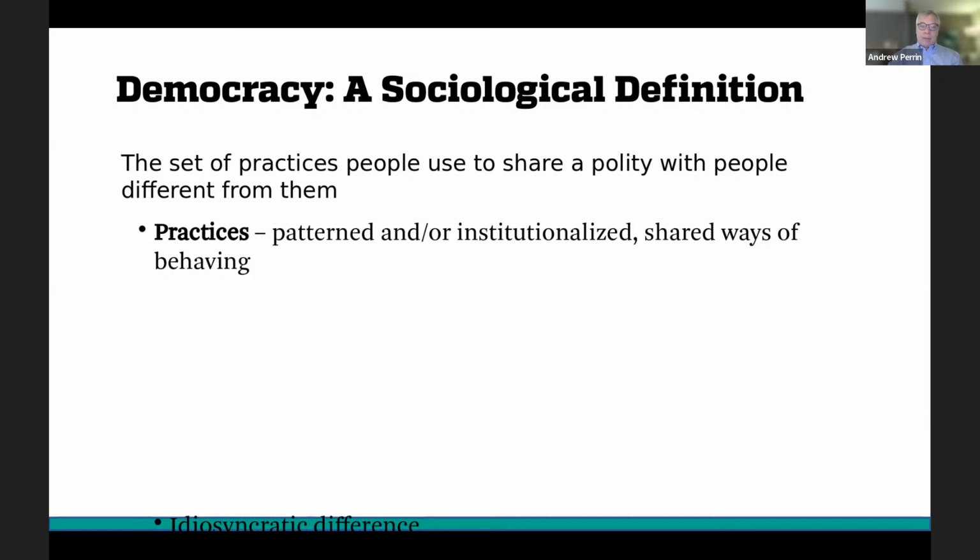We can think about the question of whether one has conversations about religion and politics at the family table as a practice or not. These are shared ways of behaving. And so if you think about a null hypothesis in which human beings behaved entirely randomly, practices can be identified by thinking about the lumpiness of that social space, by looking for the places where ways of behaving are patterned or lumpy. That is, they're more common in certain ways than in other ways.